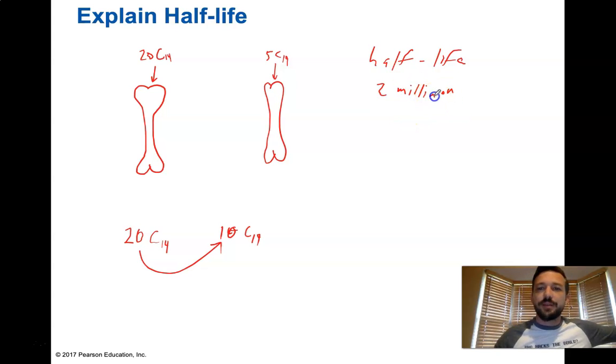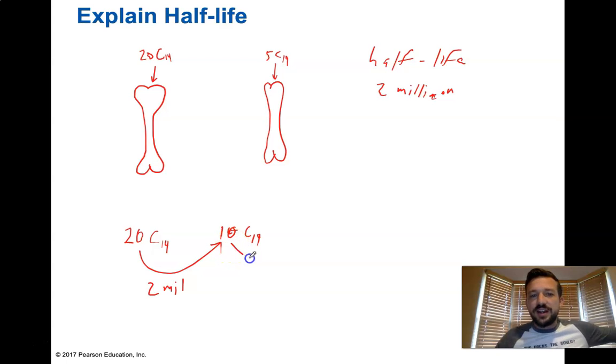I'm sorry, I messed that up. My pen's writing so slow. So that means for it to switch from 20 carbon-14s to 10 carbon-14s would take 2 million years. So if there were 10 in here, we would say it's 2 million years old. But we have 5, so let's do another half-life.